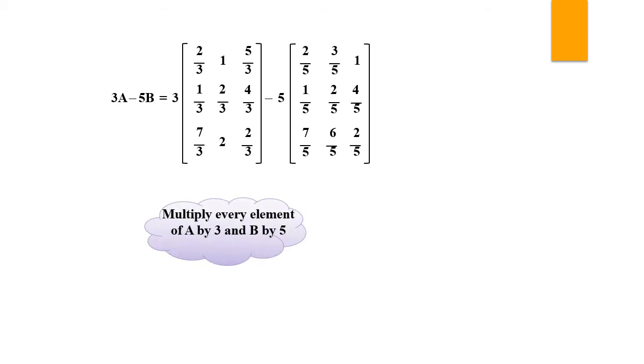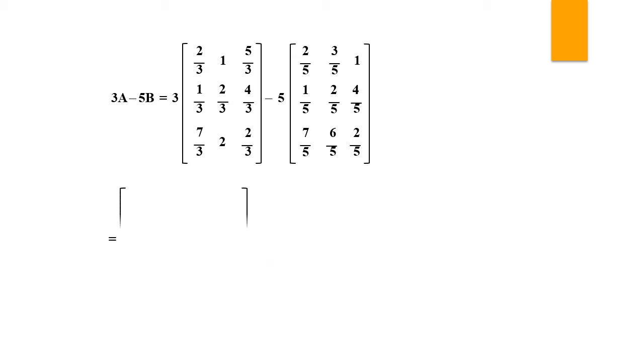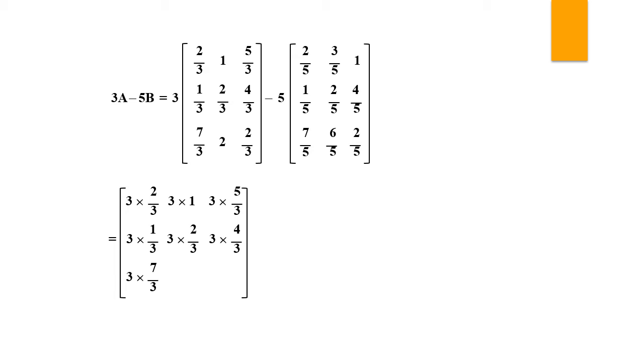So multiplying every element of A by 3 and B by 5, we get 3 into 2 by 3, that is first element, 3 into 1, next 3 into 5 by 3, 3 into 1 by 3, 3 into 2 by 3, 3 into 4 by 3, 3 into 7 by 3, 3 into 2, and 3 into 2 by 3. Similarly multiply each element of B with 5.